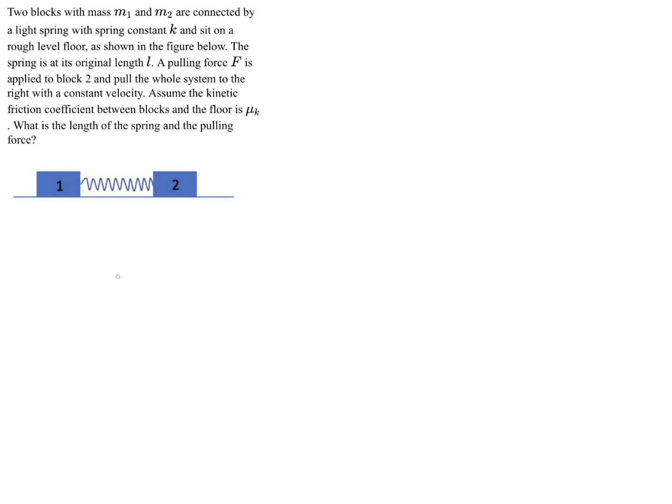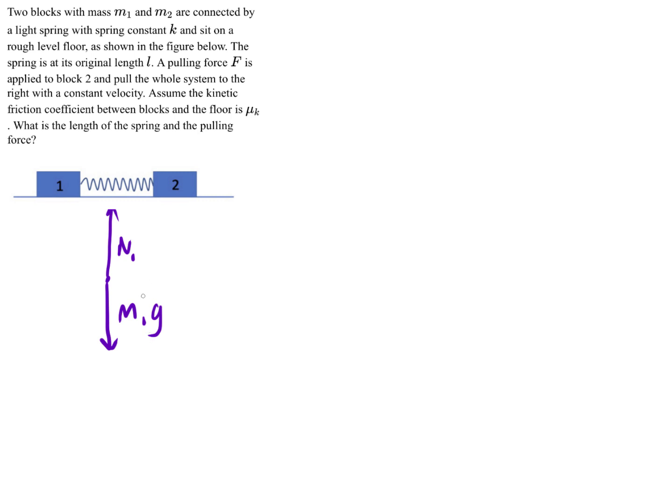So let's start by drawing some free body diagrams for both. So for block 1, here is block 1. You have the normal force acting up, and since they have different masses, I'm going to call it normal 1. You have the force of gravity, which is m1 times g.